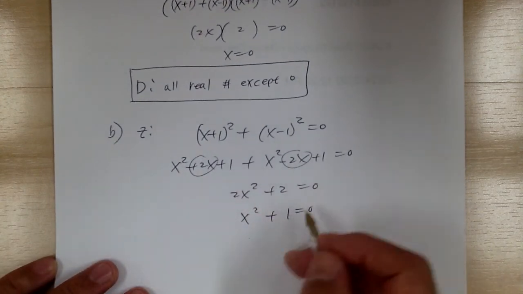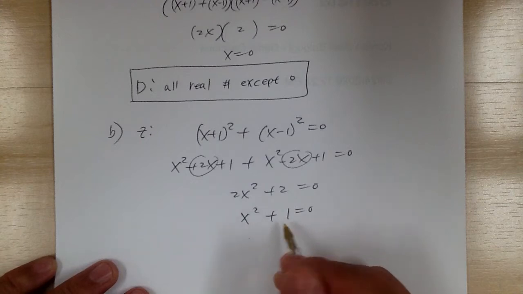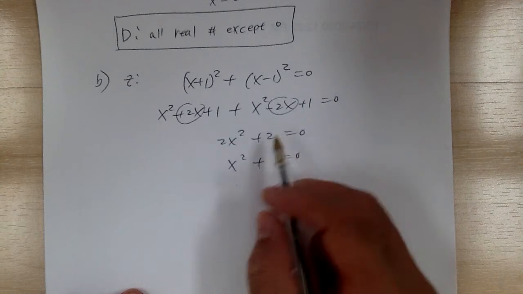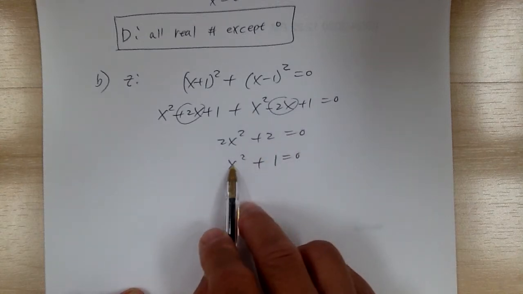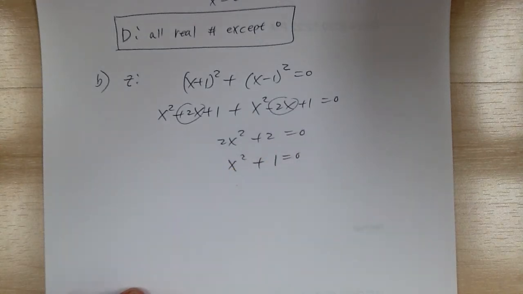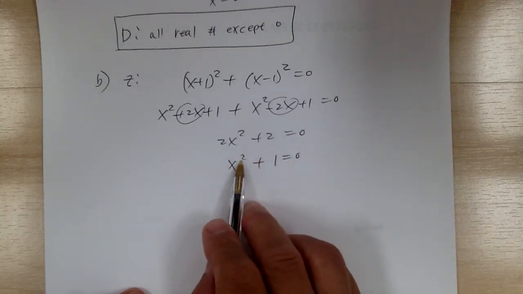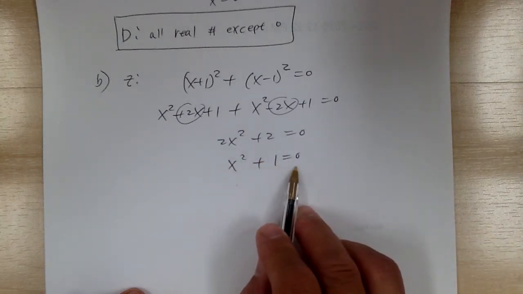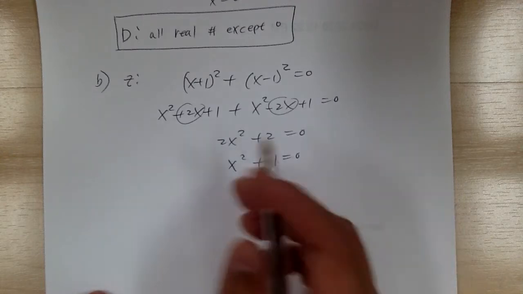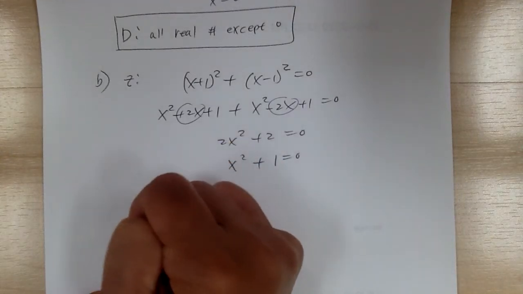In this case, there will be no real number that will equal 0, because when you have x squared, it's always positive, and we're not dealing with the imaginary numbers yet. Positive plus 1 will never equal 0. So in this case, the zeros will be none.